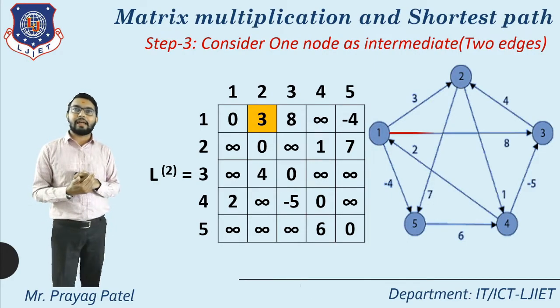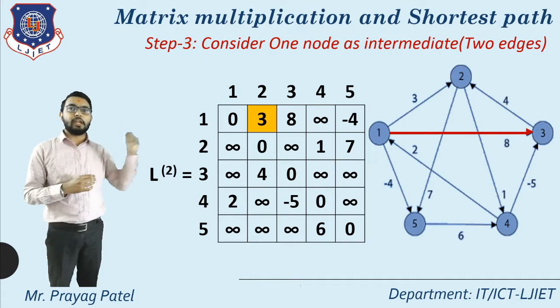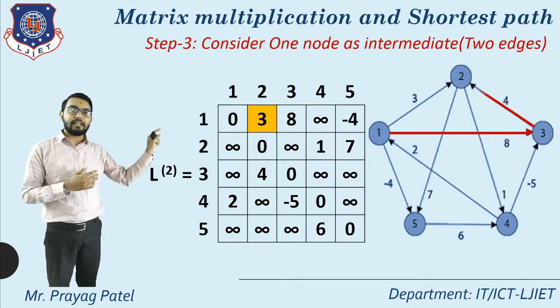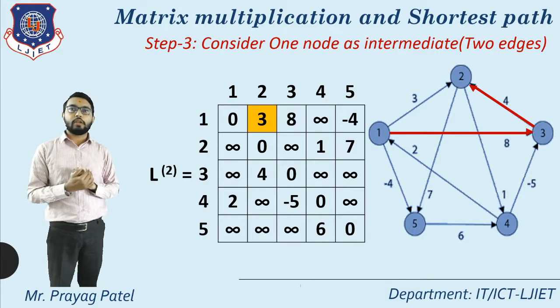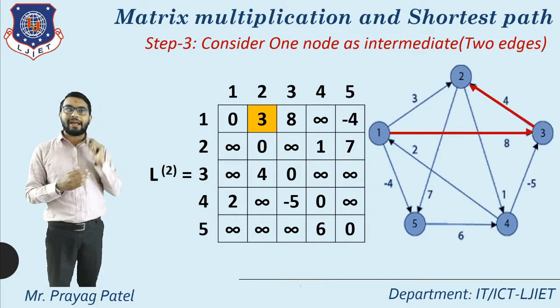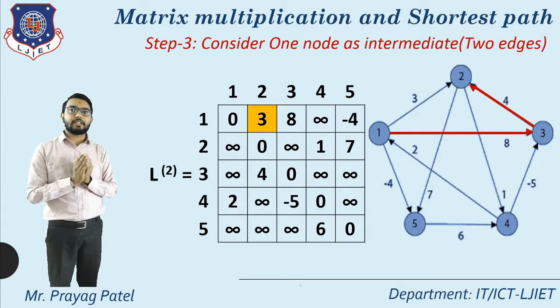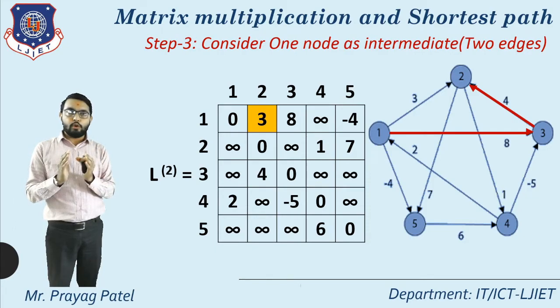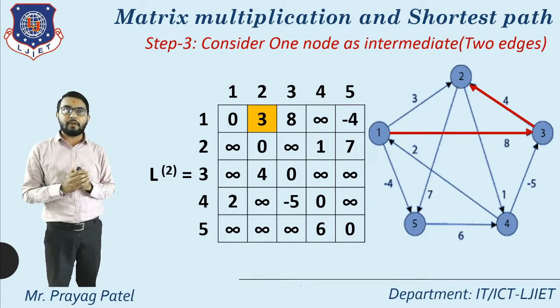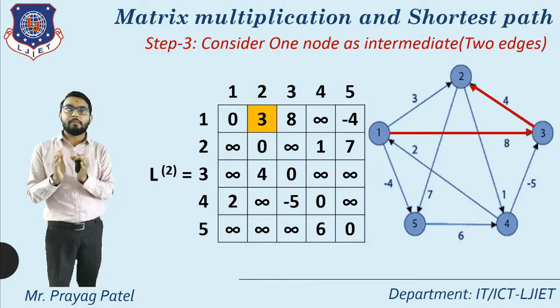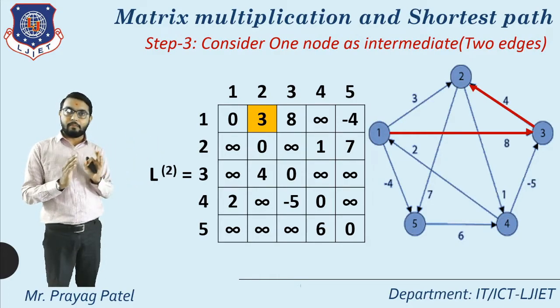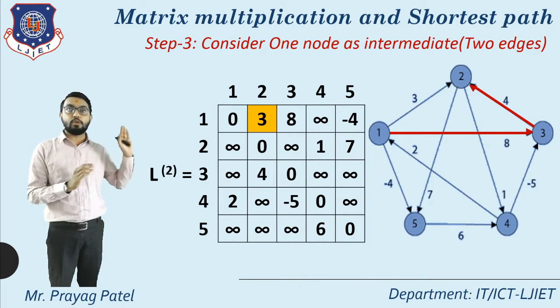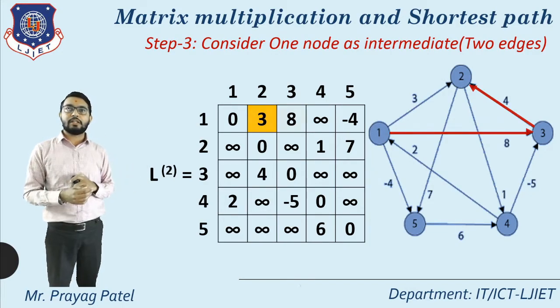So here consider path from 1, move from 1 to 3 and then consider 3 as an intermediate and move from 3 to 2. So here consider 1 to 3 and 3 to 2 as our path. Now what is the total distance for this path? 8 plus 4 equal to 12. So old value equal to 3 and new value equal to 12. Then which is the best value or optimal value? Here consider 3 as an optimal value because if you want to find the minimum distance. So here consider 3 as a best value, optimal value. Then no need to change this 3 with 12. So consider 3 as it is.